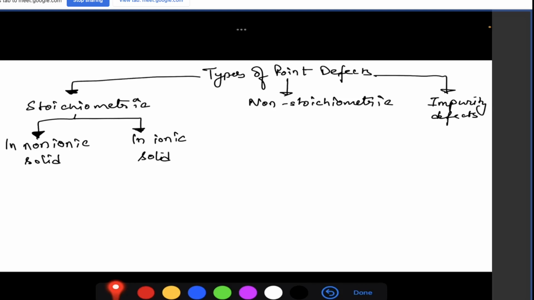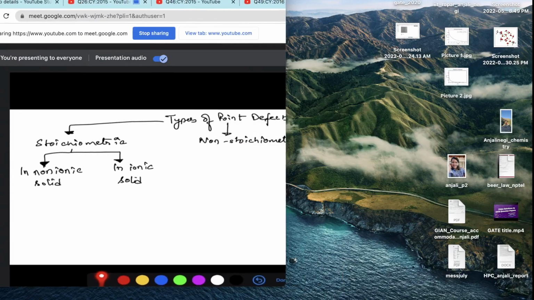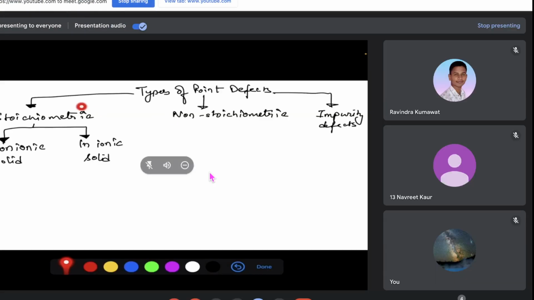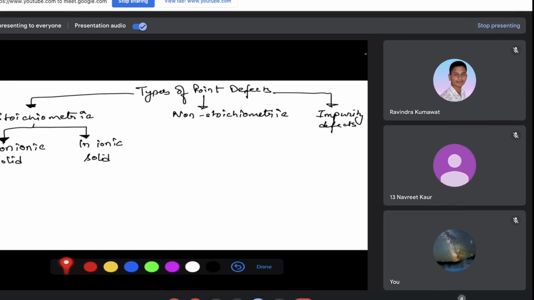So this is for our understanding. The types of point defect can be classified into stoichiometric defect, non-stoichiometric defect, and impurity defect. Our main focus is on stoichiometric defect. This defect is also called an intrinsic defect or a thermodynamic defect, because in a stoichiometric defect, the proportion of the elements in the solid is not disturbed.